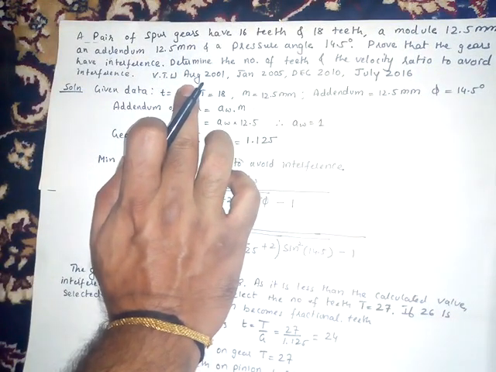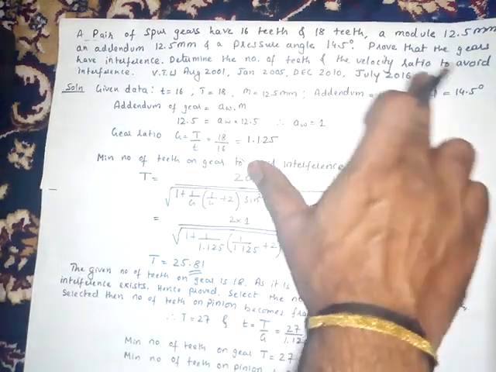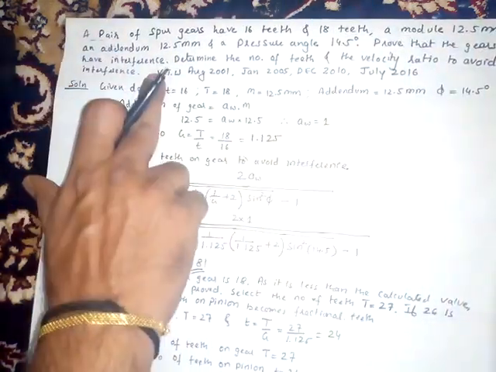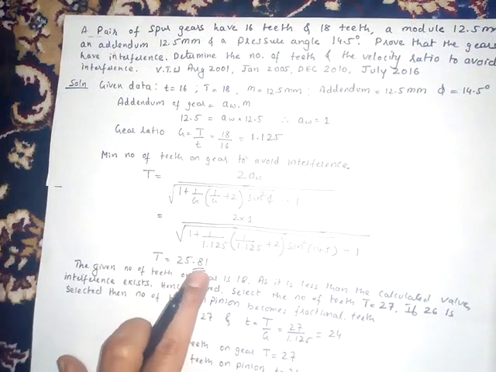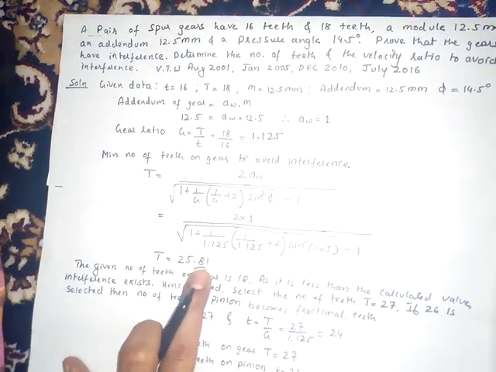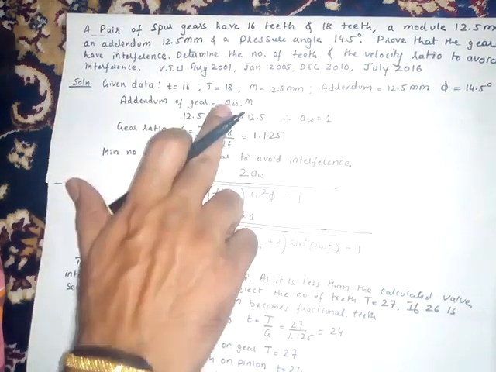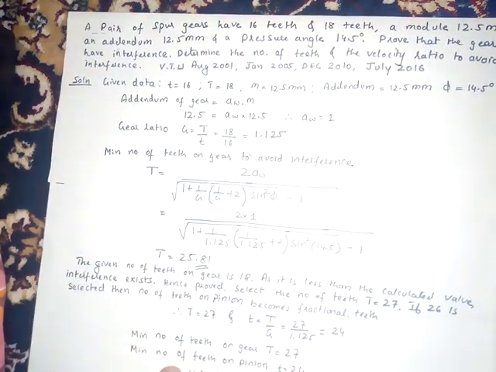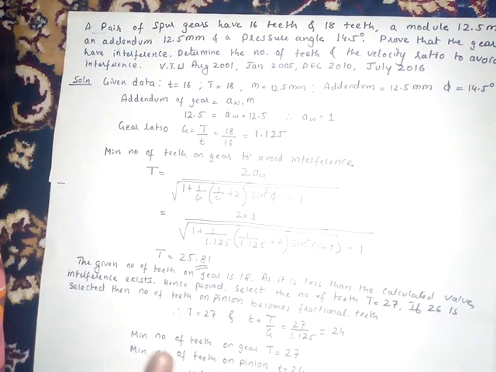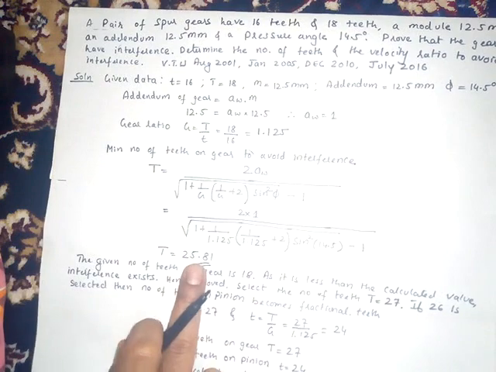So the first part was to prove that gears have interference. That was proved by showing that the number of teeth required to avoid interference, 25.81, is more than the one which is existing, which is 18. So the first part was proved.